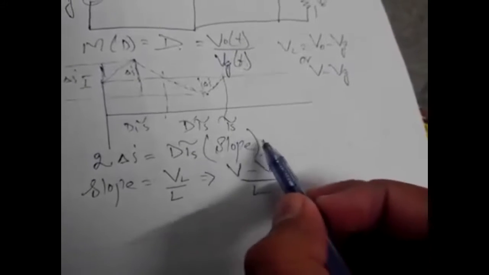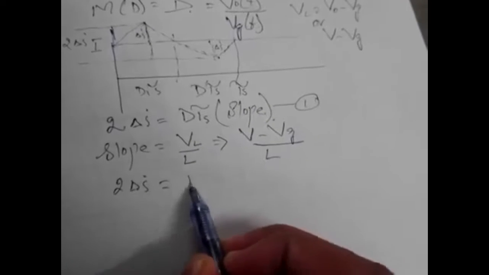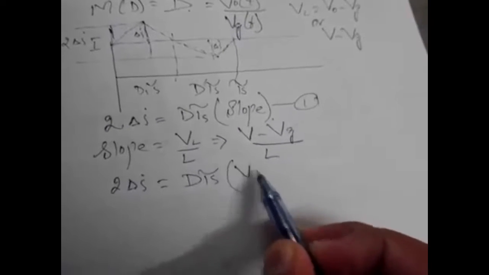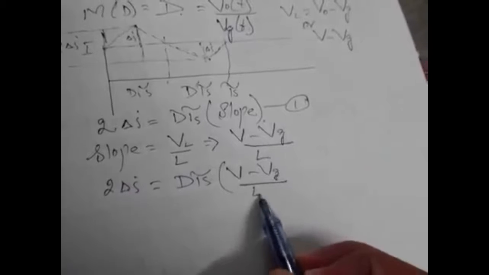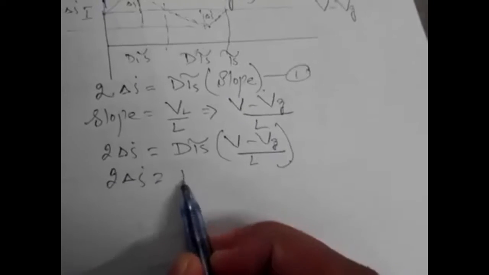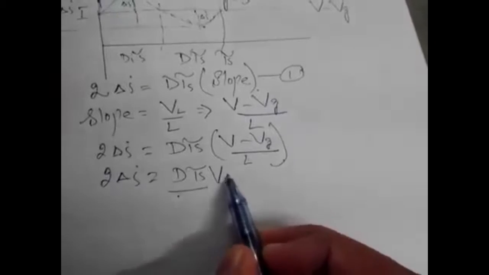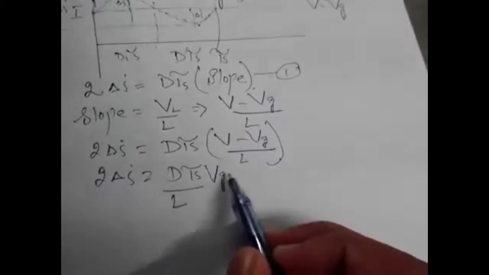So putting this value in equation 1, we get 2 del I equal to dTs (V minus Vg) divided by L. Now multiplying and dividing by Vg.